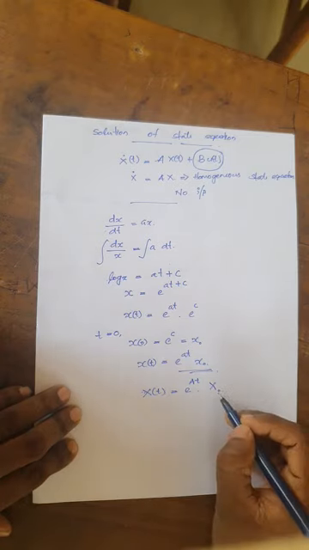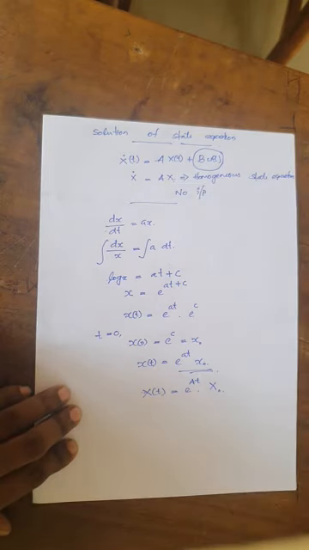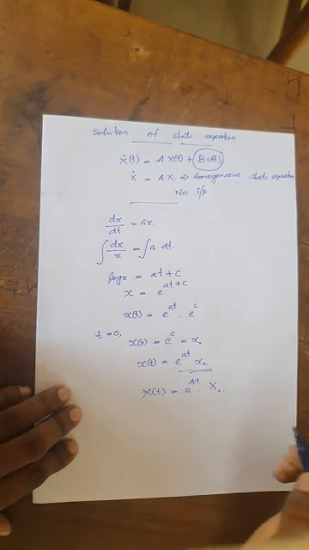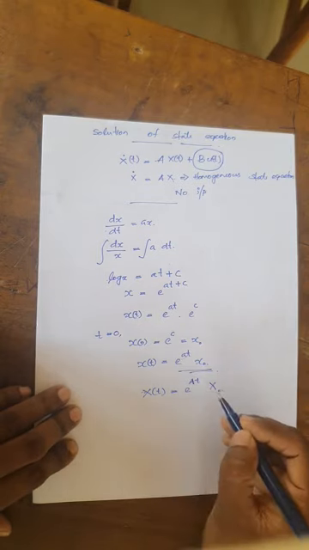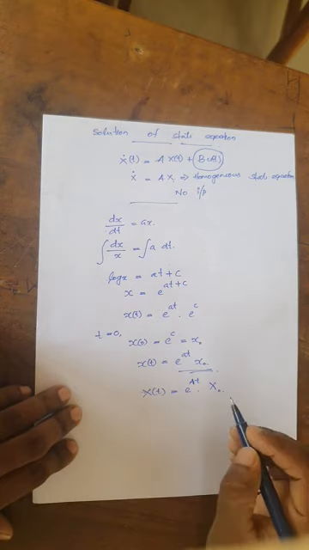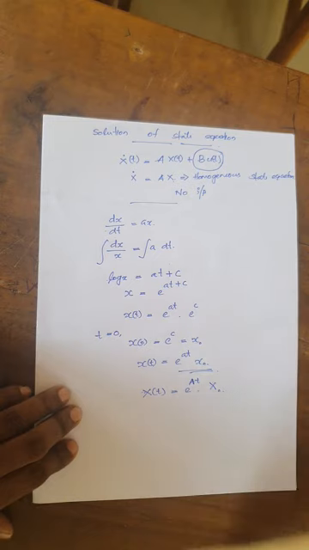Here this x0 is the initial condition of this homogeneous state equation, and this A is capital letter A, representing a constant matrix. Here we know in state space modeling these constants are matrices. So this capital letter A is representing a matrix with constants.